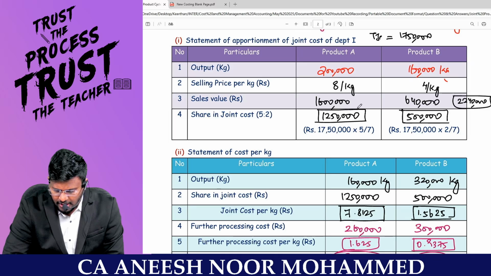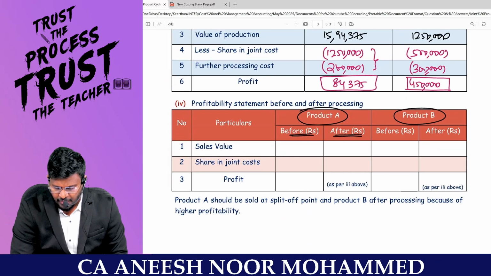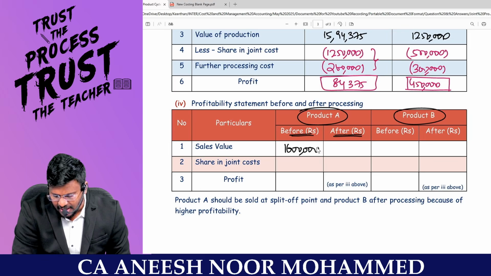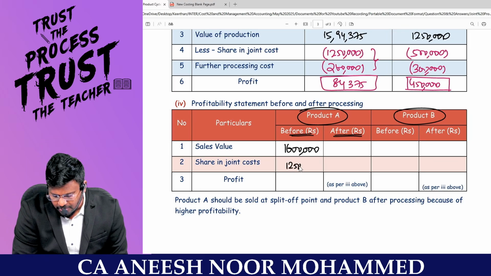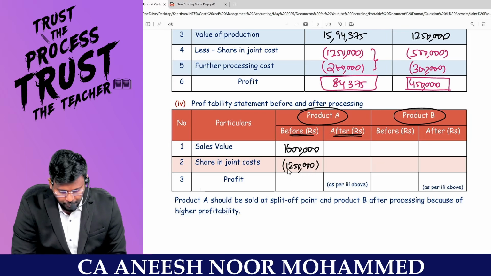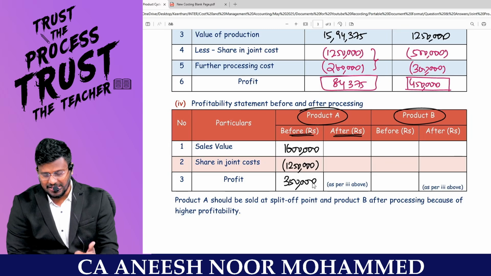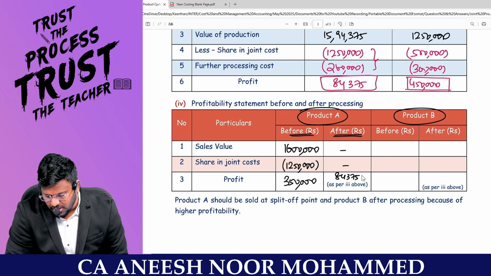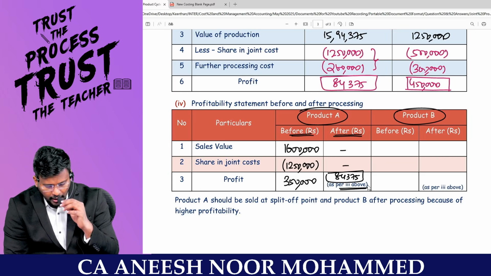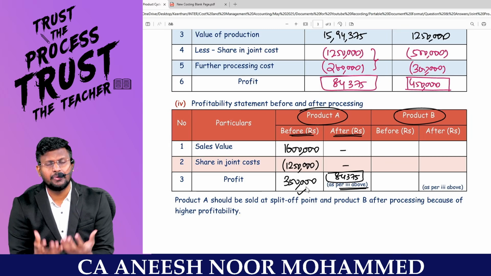If I am selling at split off point, I can earn 16 lakhs as my revenue, right? So my sale value will be 16 lakh. And I am supposed to incur only share of joint cost, which comes to 12,50,000, which will end up with a profit of 3,50,000. Whereas, if I am further processing, 84,375 will be my profit. Already I calculated. You tell me, it's better to sell at the split off point itself because I am able to earn more profit.